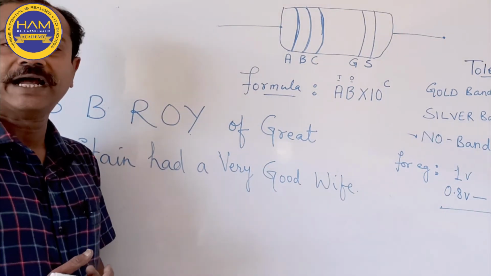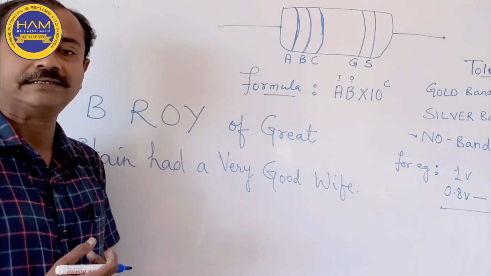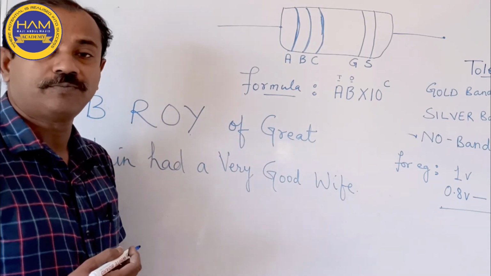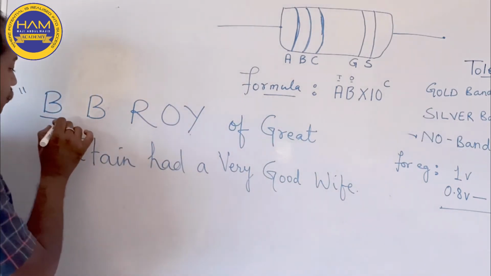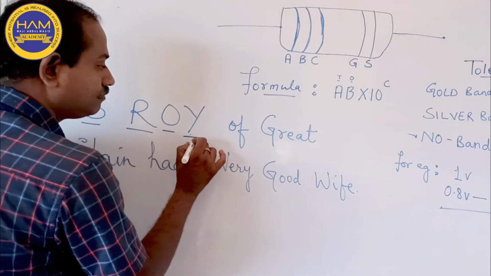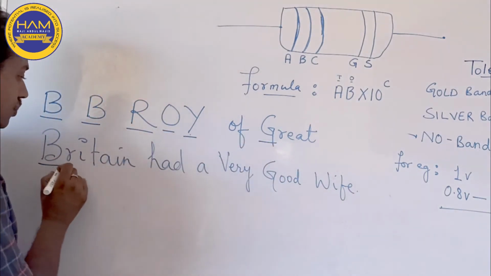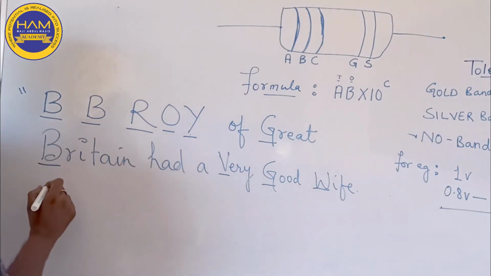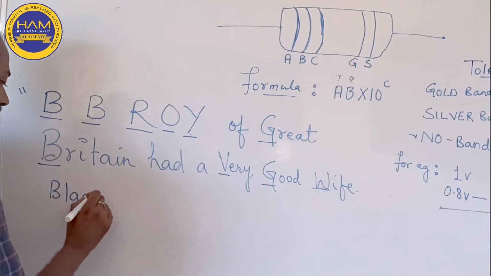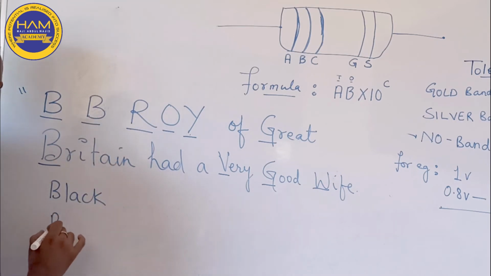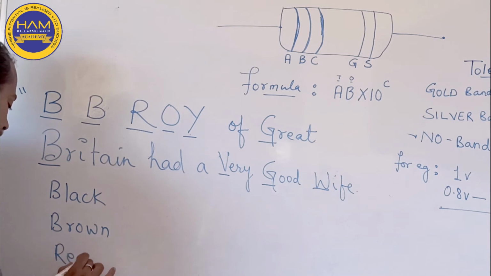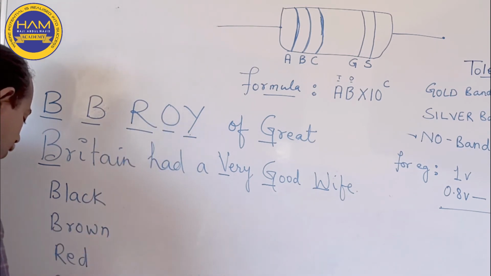You will see that I have put some capital letters in some of the words, followed by small letters. So these capital letters, you underline, and these give you the color coding. For example, we start with B. This is black. Then the second B is brown. Then we have R for red. Then O stands for orange.